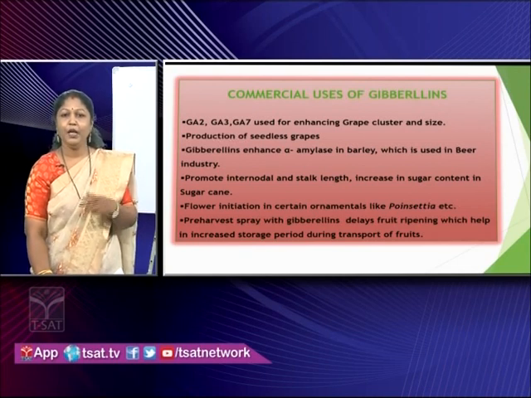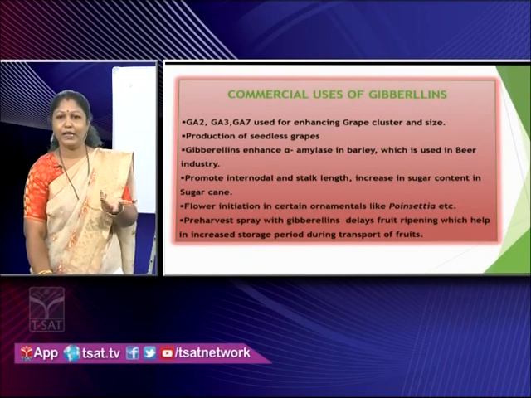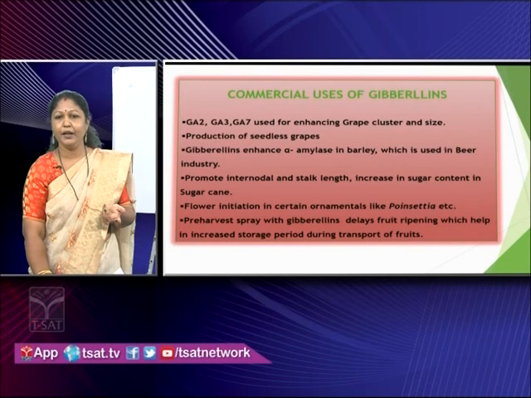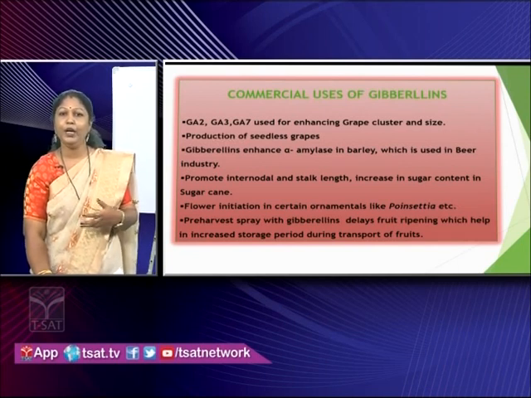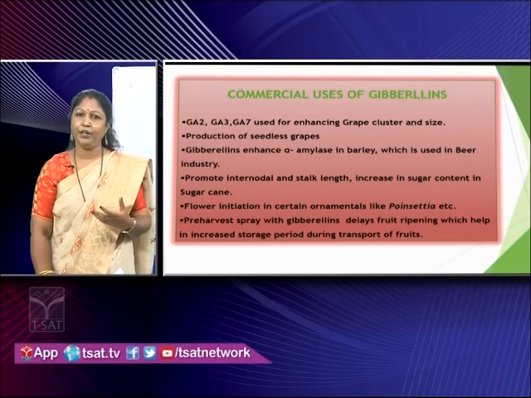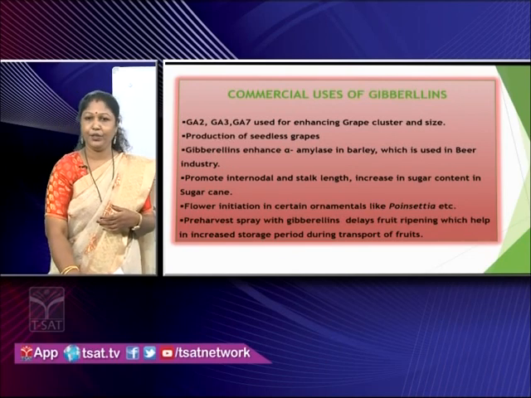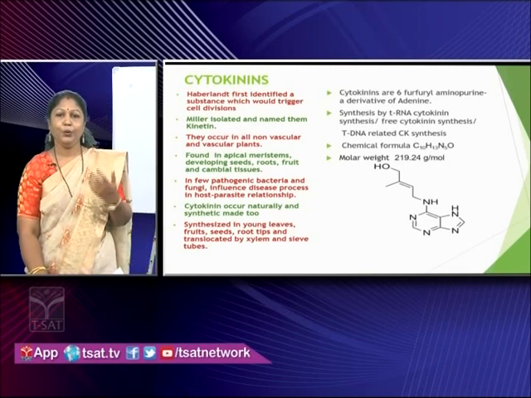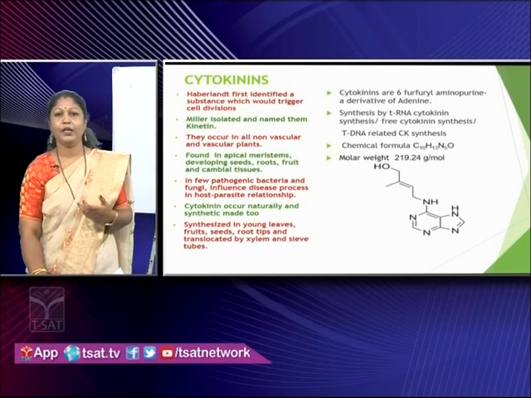They can enhance alpha amylase activity, which can be used in the beer industry, and they increase the sugar content in sugar cane. So these are a few things which can be employed very successfully to get maximum yield and profit using gibberellins artificially, exogenously. Now we will move to the next growth promoting hormone, that is cytokinin.